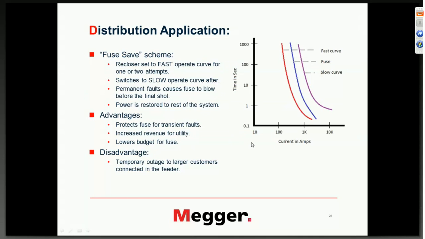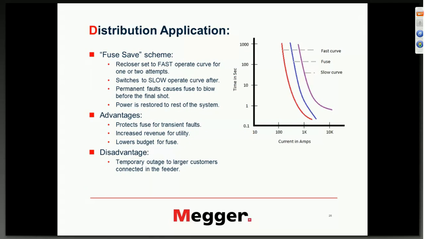Now, we'll see some applications, mainly focused on the distribution side. There are 2 types. One is the fuse save scheme, and the other one is the fuse blow scheme.